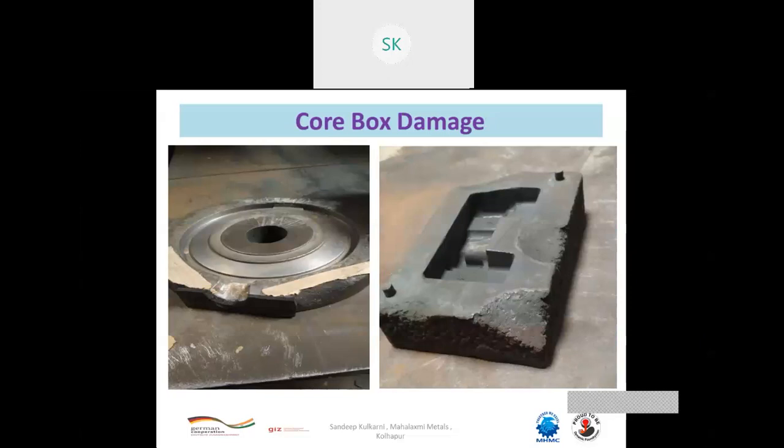Because the core box is hot, in a hot condition they are avoiding wooden hammer and trying for the metallic hammer. There you have to really work hard to get proper draft angles and everything so that your core will not get stuck inside the core box. It will easily get removed and even a wooden hammer can work there. So it is a very important factor. One has to understand the importance of these damages of the core box and work accordingly.